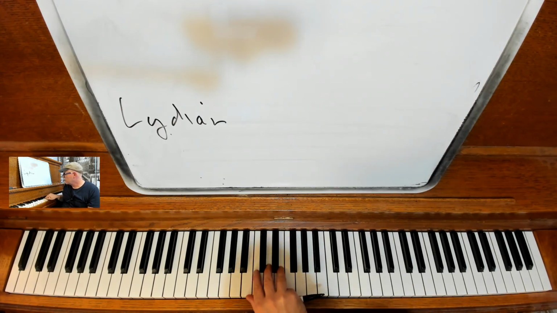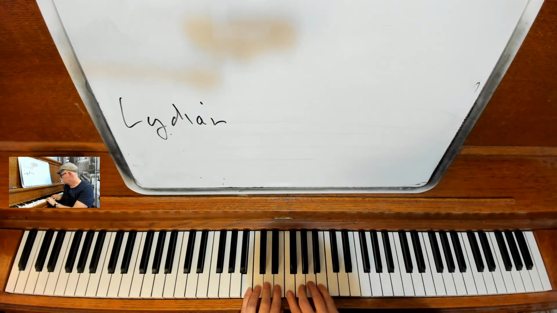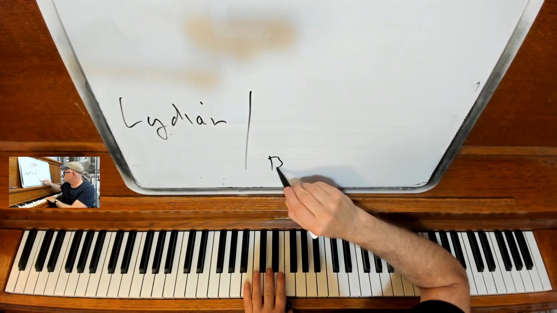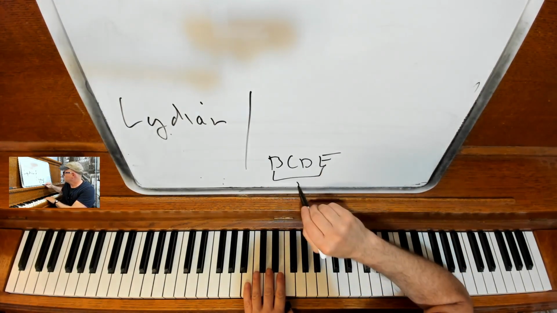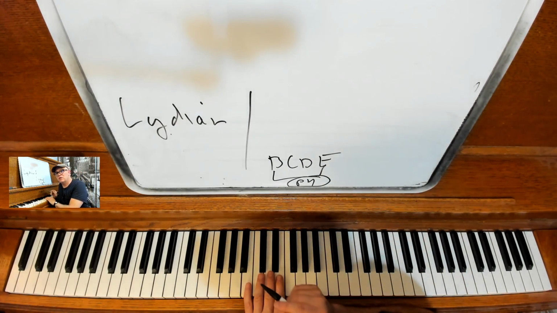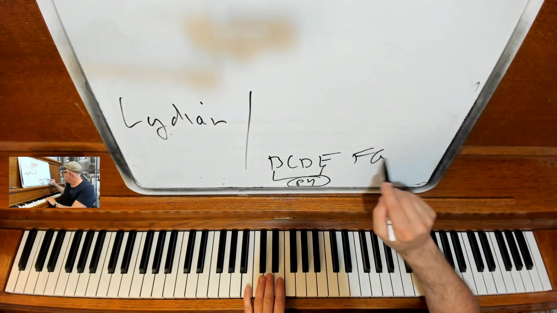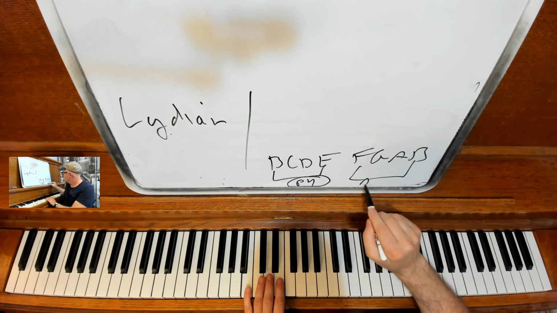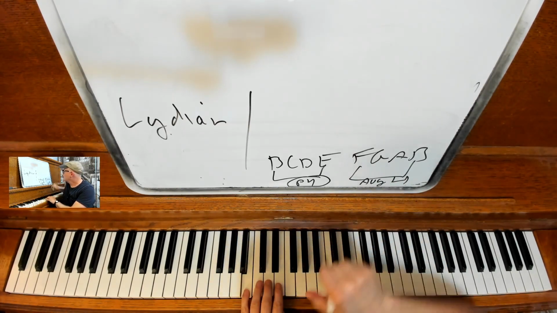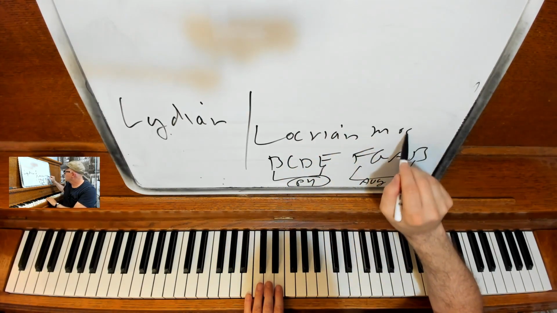So you have the lower one, B, C, D, E. That's a perfect fourth. You need to know those intervals. You will not learn music if you don't. B, C, D, E, and then F, G, A, B. That's your augmented fourth. That is your Locrian mode, a Locrian scale.